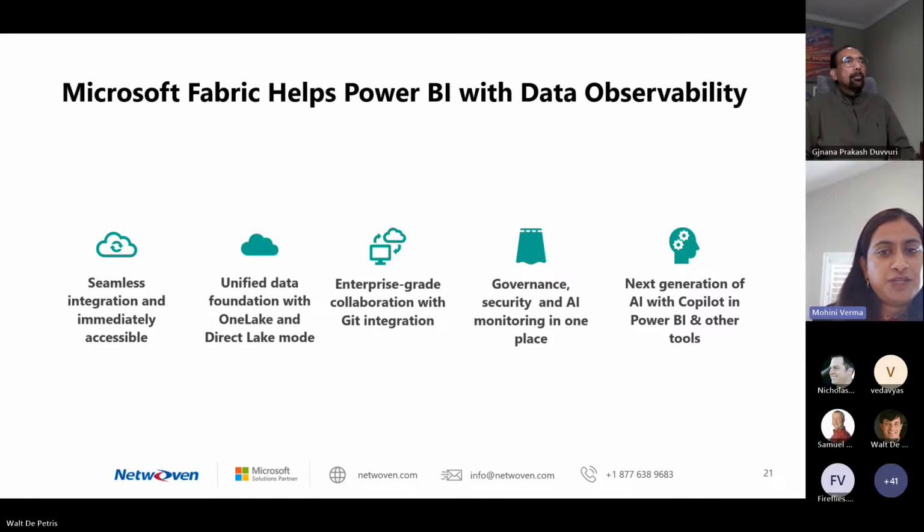So when we talk about unified governance or foundation, any data in OneLake works with out-of-the-box governance, such as data lineage, data protection, certification, and catalog integration. And these are things that, if you have used Power BI, should be familiar to you.